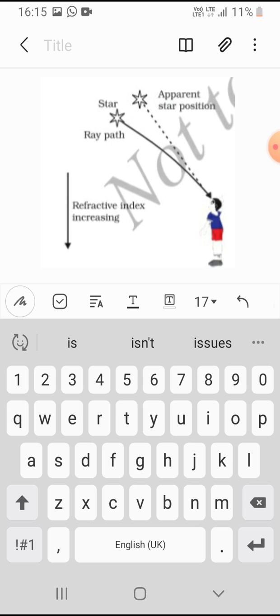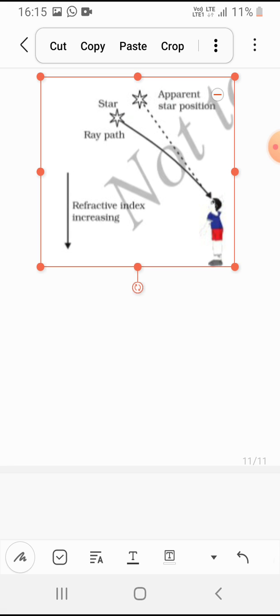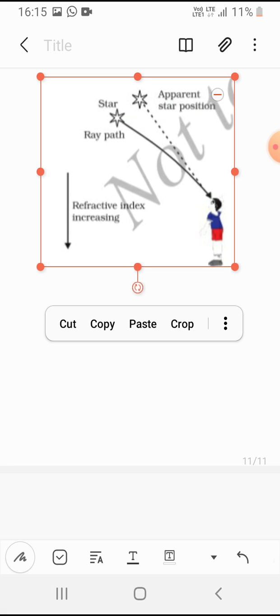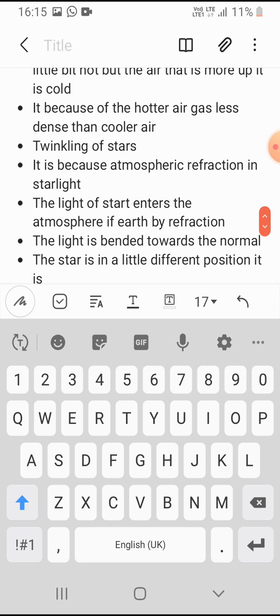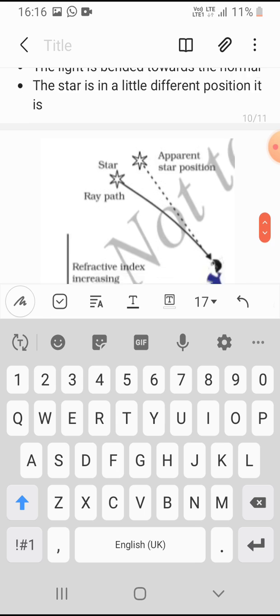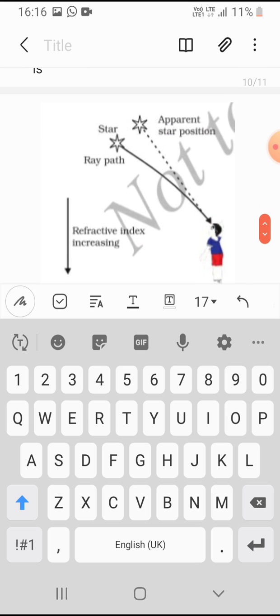The apparent star position is here, but the ray is coming from here, and we find that the star is twinkling when we see it. It is a little far from the star, but we feel that it is near the star.